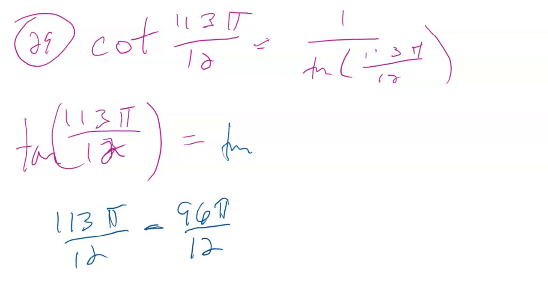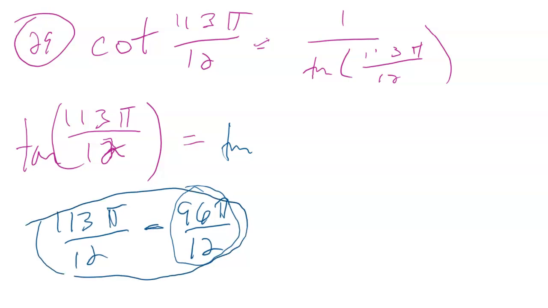And the reason I subtract off 96 pi over 12 is because this really reduces to 8 pi. And so it's like going around the circle 4 times. So I'm basically subtracting off a bunch of 2 pi's. Like the next 2 pi would be 120, but it's too much. So it's at 113. Again, I'm subtracting off 2 pi's, a bunch of them, in this case, 8 pi.